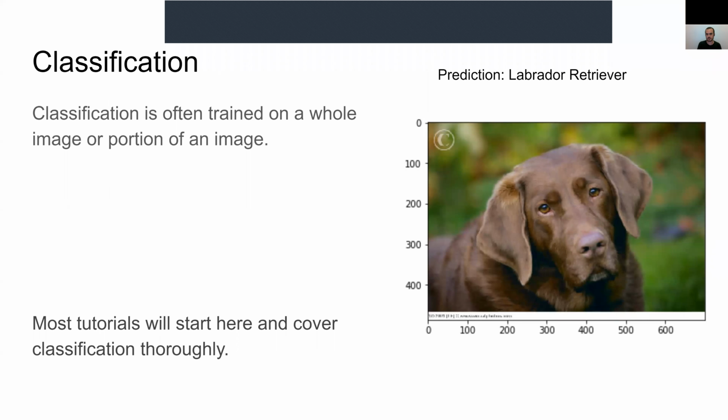It can be really good for a lot of use cases, but it gets tricky if, let's say, you have a cat and a dog in an image, and it's only trained to make predictions of cat or dog. It can get confused pretty quickly if you're doing more complicated classification or detections. And like I was saying, most tutorials will start here and really cover this thoroughly. It's great to understand, but we're going to focus more on the object detection side.